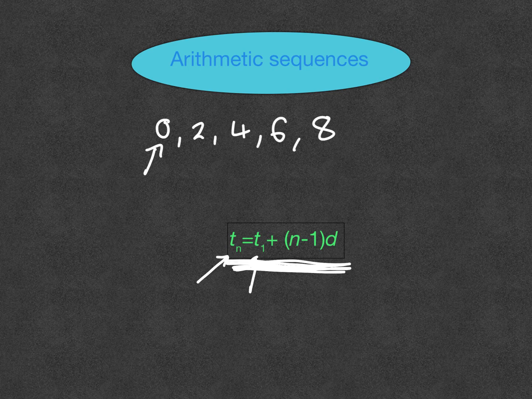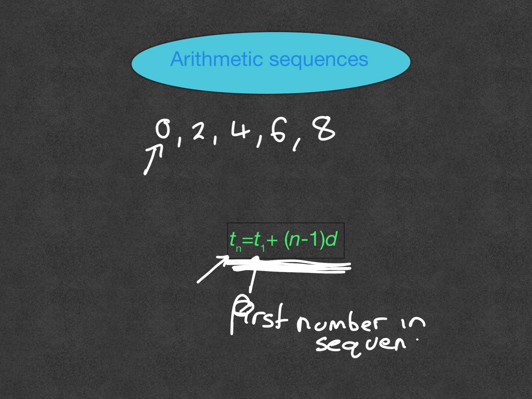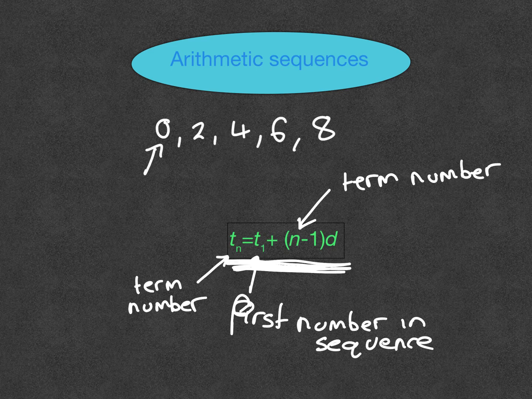t_1 describes the first number in the sequence. So in this case, the first number in the sequence would be 0. t_n is the term number you want to find. n, again here, is the term number that you're trying to find. 1 is 1, and d describes the difference between the terms in the series.